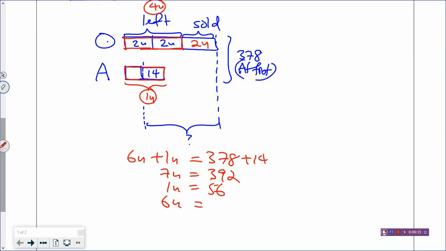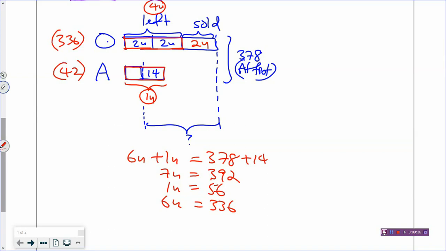So 56 times 6, you get 336 oranges at first. Then can you find how many apples at first? You just take the total, 378 total at first, and minus the oranges at first. And you'll get 42 apples at first.